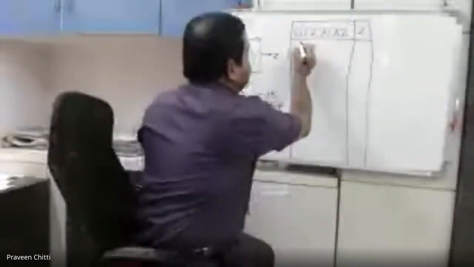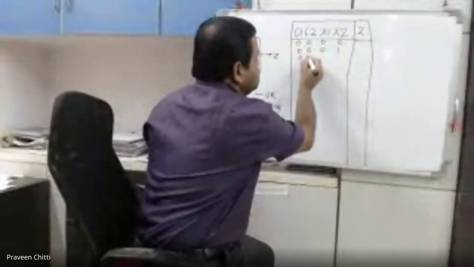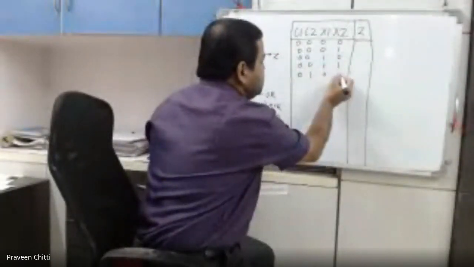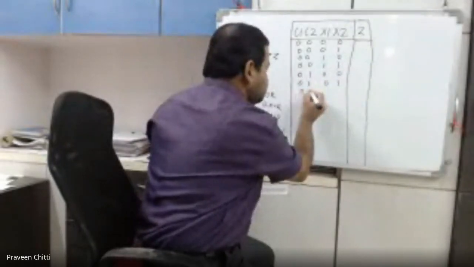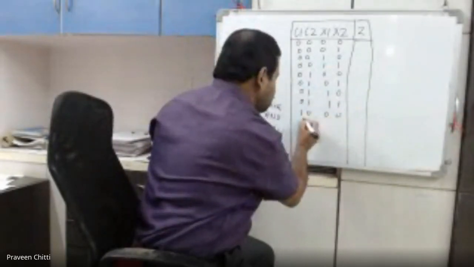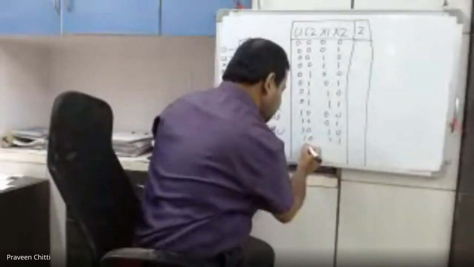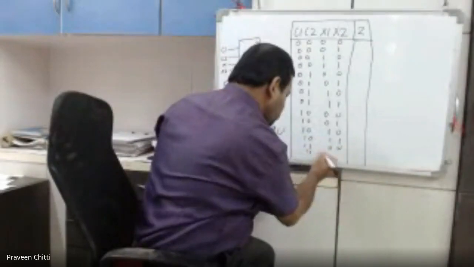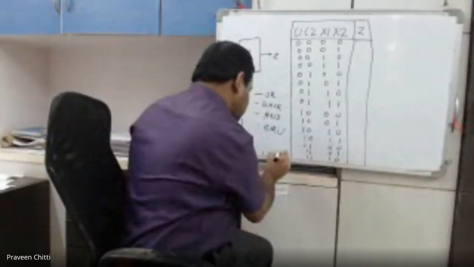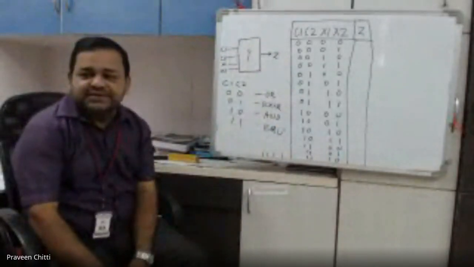So write those 16 input combinations: 0000, 0001, 0010, 0011, then 0100, 0101, 0110, 0111, then 1000, 1001, 1010, 1011, then 1100, 1101, 1110, and last you will get 1111. These are the 16 combinations you will be getting.